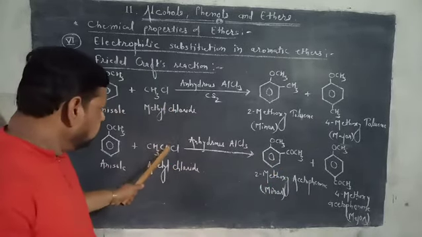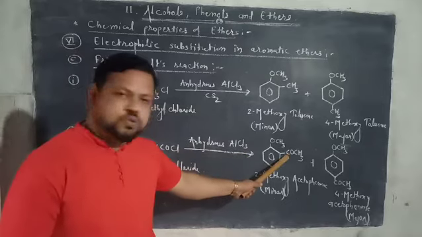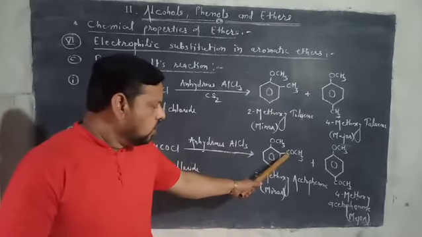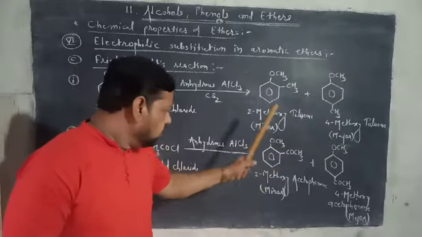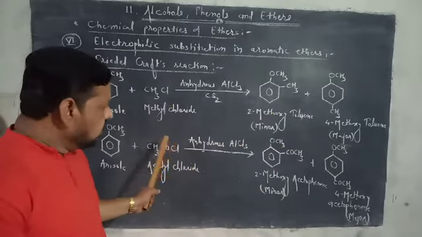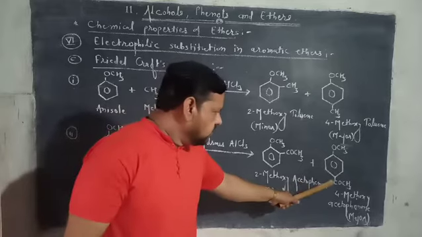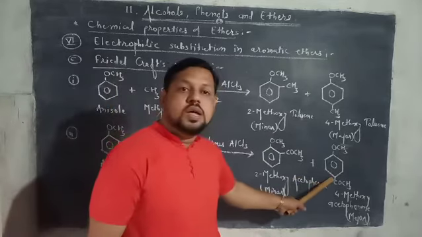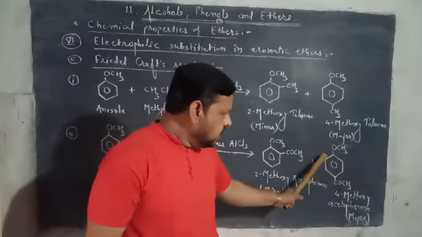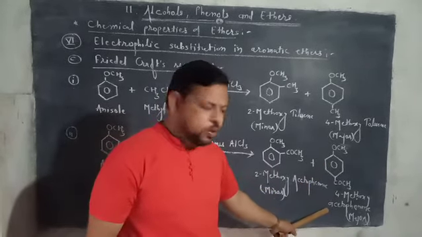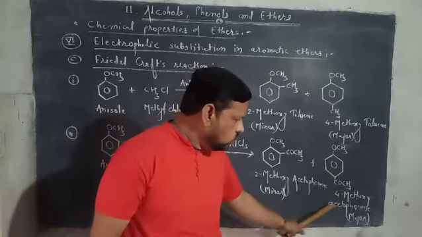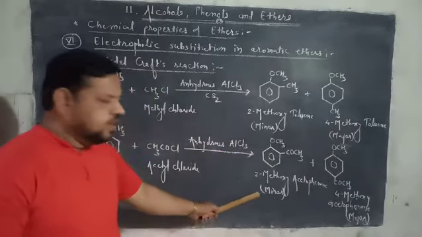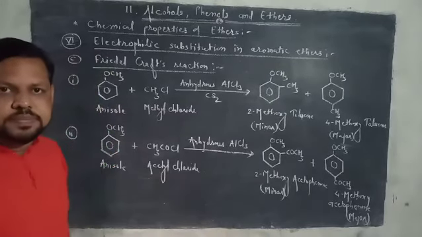This CH3CO group gets attached to the second position of this anisole, or ortho position, and in the another compound, this CH3CO group gets attached to the para position. Okay, and it gives 4-methoxyacetophenol. This 4-methoxyacetophenol is the major product, and 2-methoxyacetophenol is the minor product.